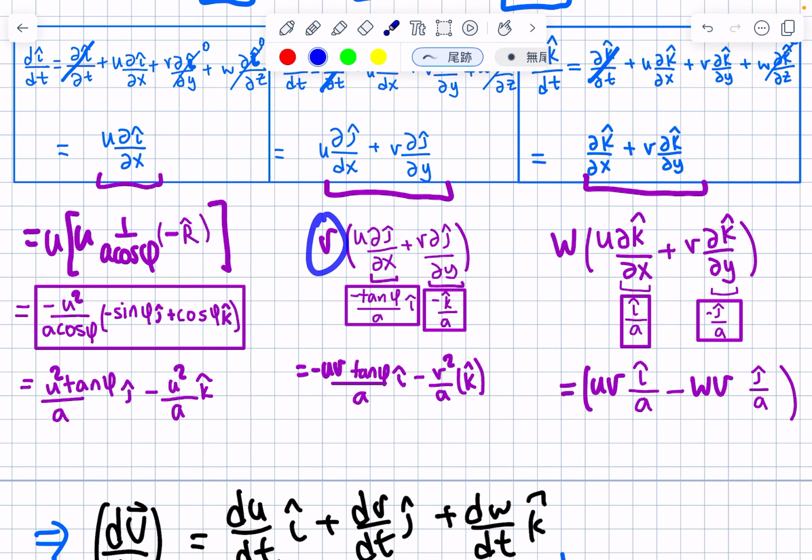And the u gets multiplied through with this term. The v gets multiplied with this term. So we get u v negative tangent phi over a i, that's this. And then we get v times v, which is v squared, times negative k hat over a. So it's minus v squared over a k hat.